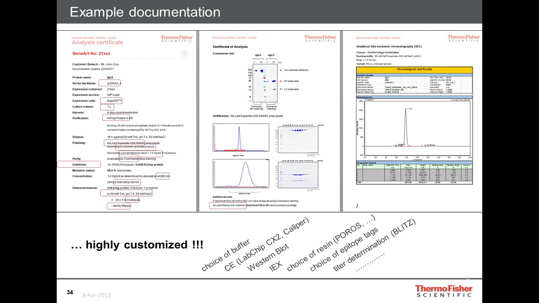So starting from the sequence, of course, is documented, then which vector is used, with which expression cells, the culture volume, how it has been purified, what the endotoxin levels of the protein are, the concentration, how it looks on a Coomassie gel, what the HPLC purification looked like, which fractions have been pooled for the protein, and a final chromatogram of the then purified protein.